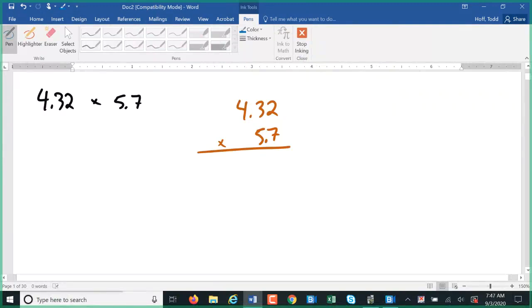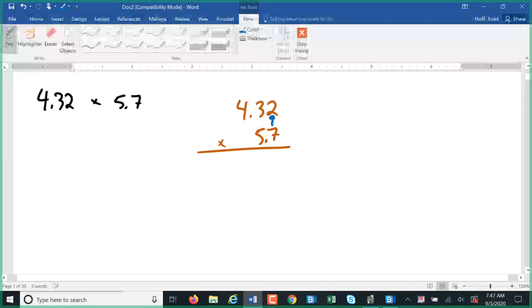When I multiply now, similar to addition and subtraction, I'm going to totally ignore the decimal point. Different from addition and subtraction, though, I'm not even going to drop it down when I hit it. I am going to pretend it's not even there.